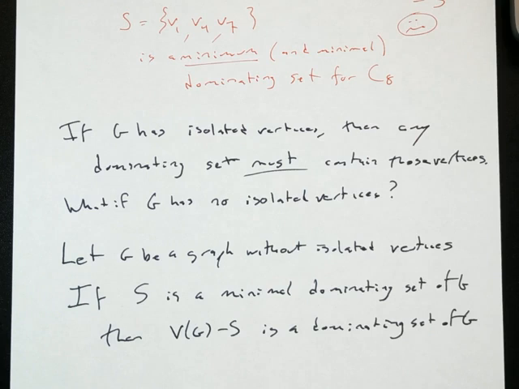I'm absolutely sure that this set, V(G) minus S, definitely hits all of S, because everything in S is adjacent to something in V(G) minus S, because it's a dominating set.